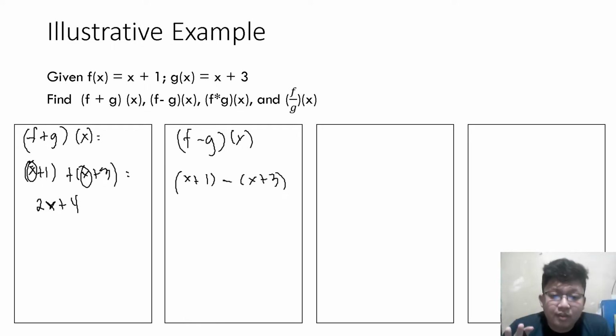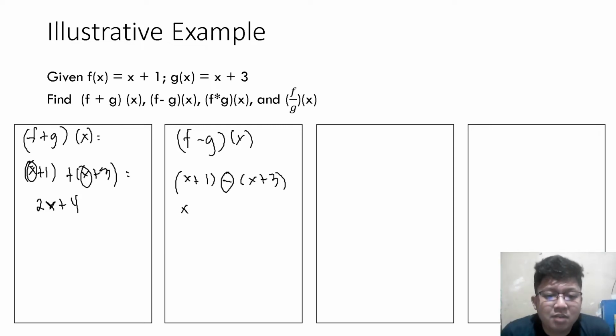Here, this is a basic rule in adding or subtracting polynomials: whenever you have a minus sign before a parenthesis, you need to change the signs of each term inside that group.